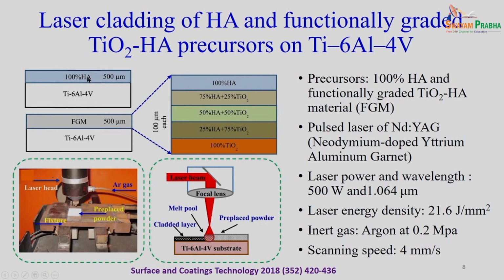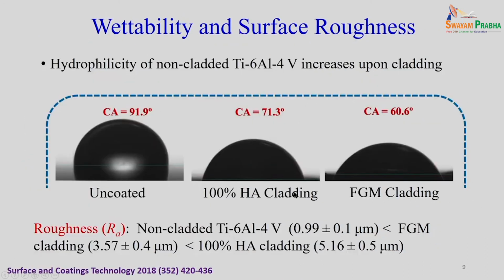So, after this laser cladding, let us see the surface properties of the coated titania. Here uncoated, the contact angle was close to 90, but after 100% HA the contact angle is 70. Further, when we mixed titania and HA, as expected the contact angle decreased further, it became more hydrophilic. And again if you see the roughness, the non-cladded titania roughness was close to 1 micrometer.